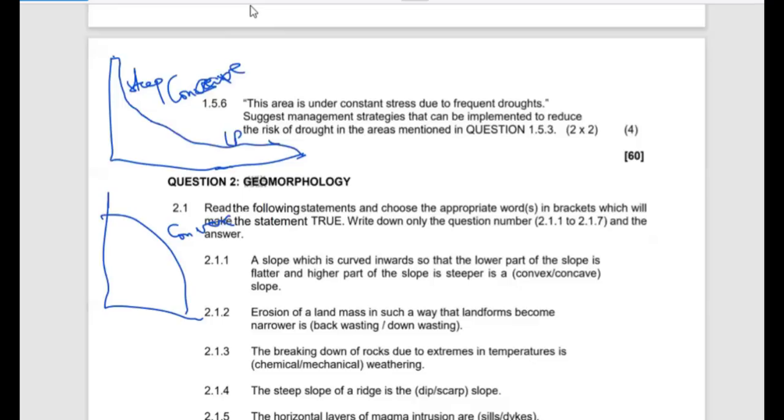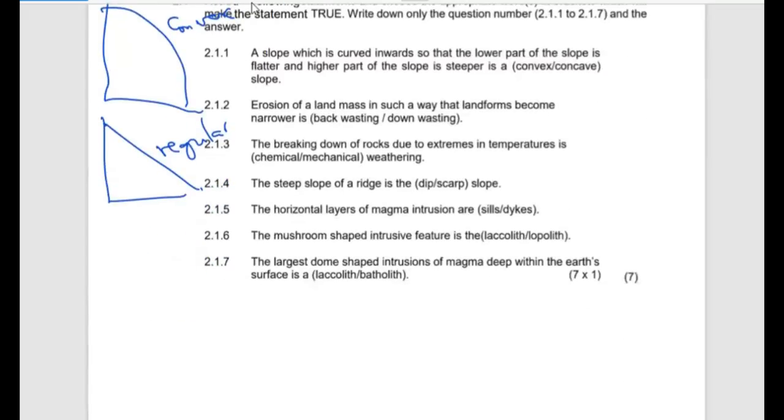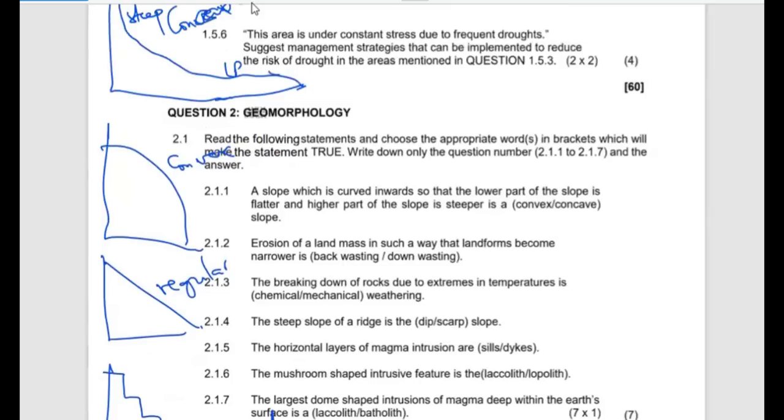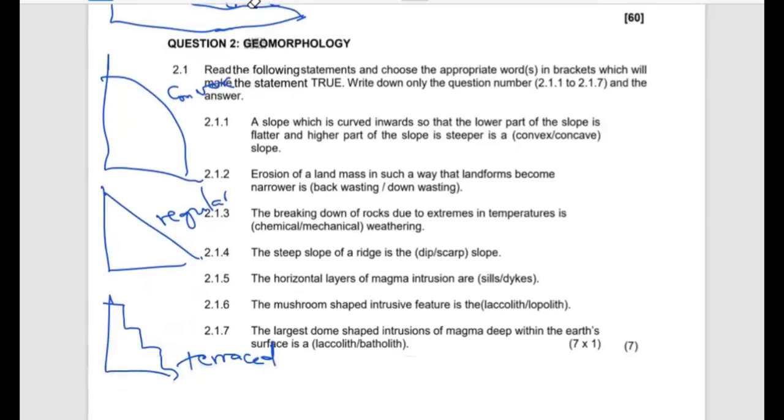And then we also have what we call a regular slope. And then we can also have a terraced slope. A terraced slope is something like this. So we have a terraced slope, a regular slope, and then we have a convex, and then we have a concave.